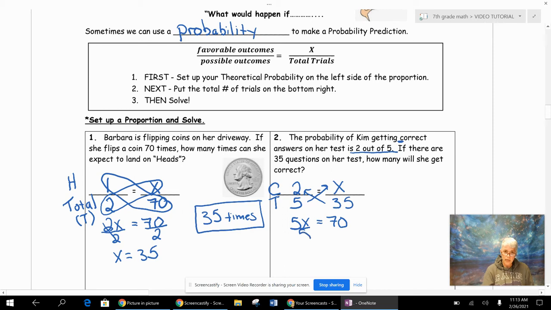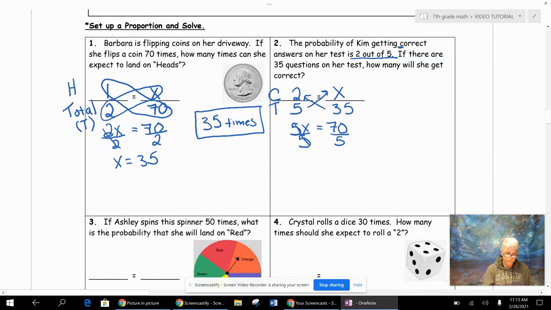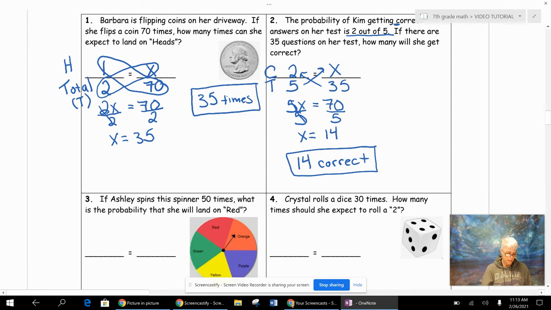To isolate x, to solve for x, I'm going to have to divide both sides by 5. X equals 14. So theoretically, she would get 14 correct answers. Let's go to the next one.